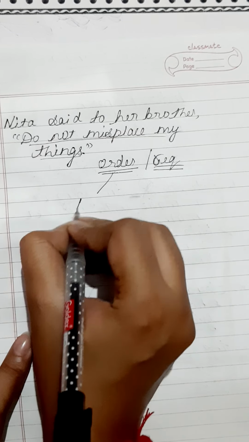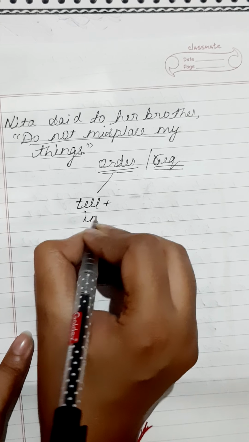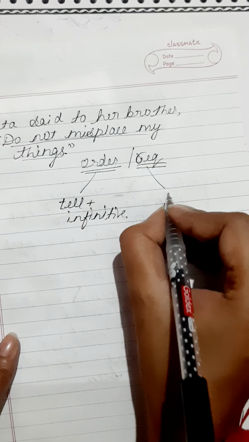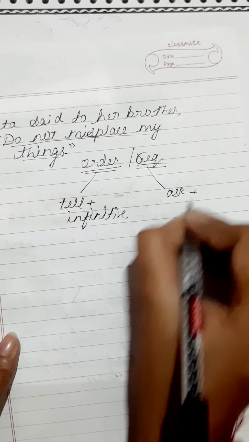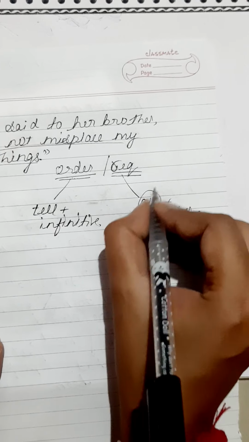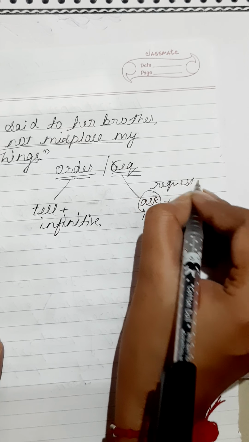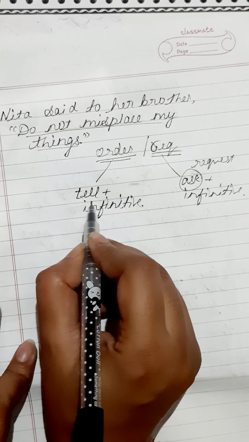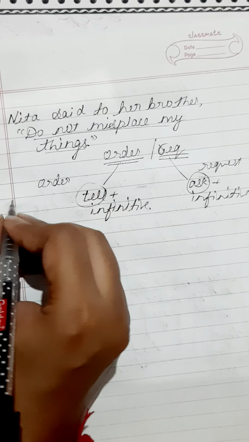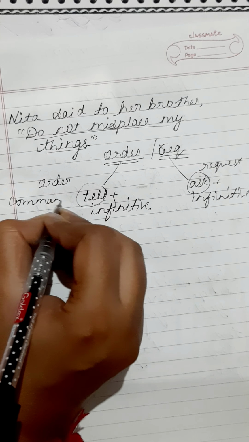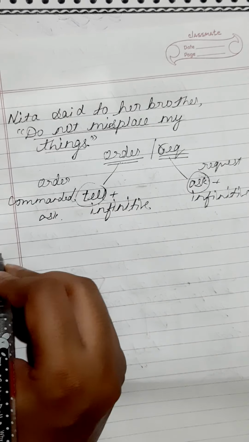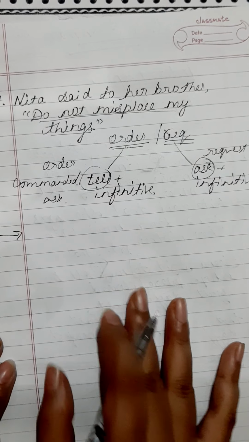In case of orders, we introduce tell plus infinitive. In case of request, we introduce ask plus infinitive. Instead of ask, we can also use request. Here, instead of tell, we can also use ordered, commanded, asked. So in this case, let us start converting this into indirect speech.